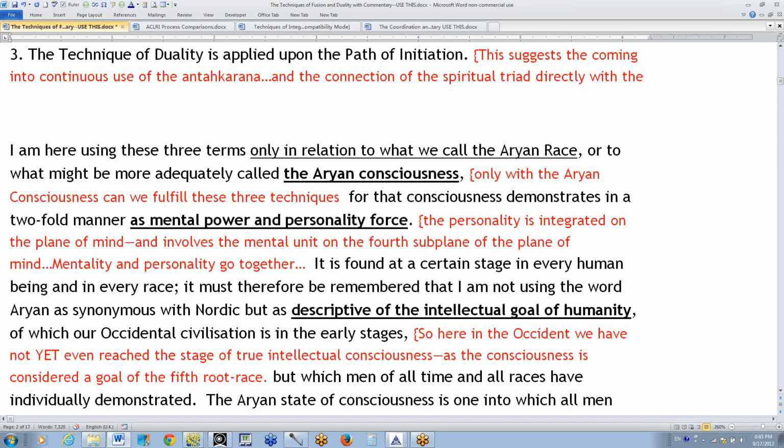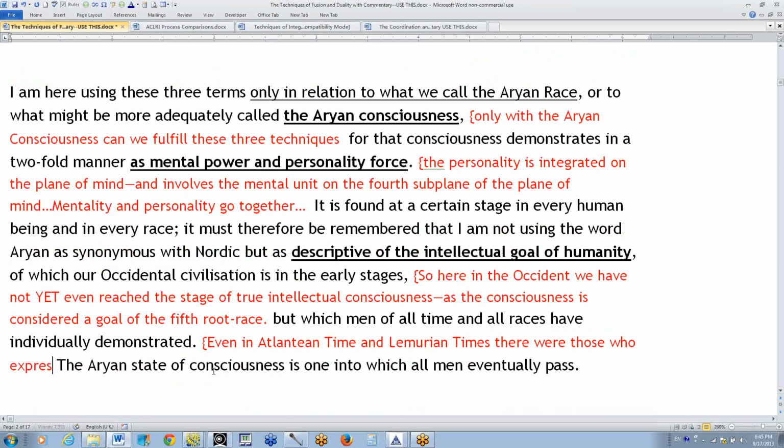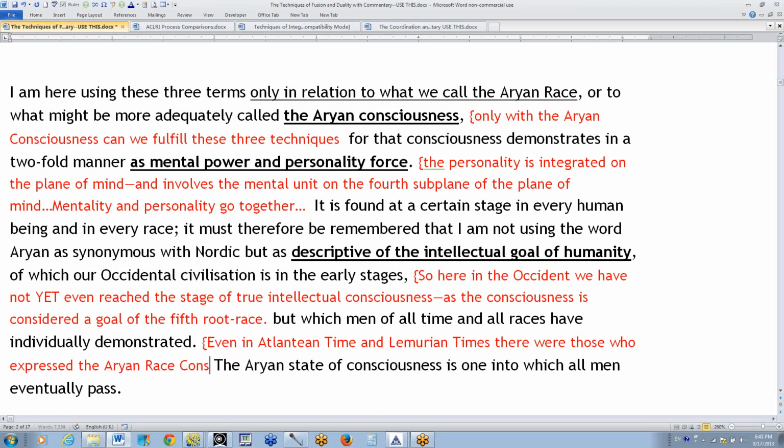Atlantean times and Lemurian times, strange as it may seem, there were those who exhibited the Aryan consciousness. Even in Atlantean and Lemurian times, there were those who expressed the Aryan consciousness.